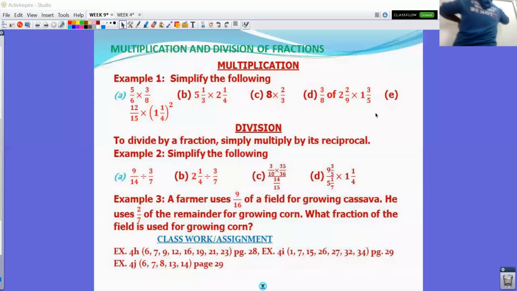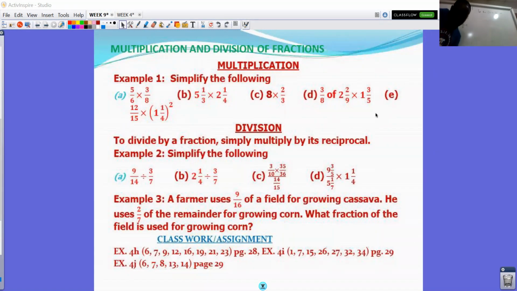We don't know the total field, because the question says a farmer uses 9/16 of a field for growing cassava. We don't know how large the field is. So let the field be a letter. Let's say letter A. Let the field be letter A. I believe you can see the board.